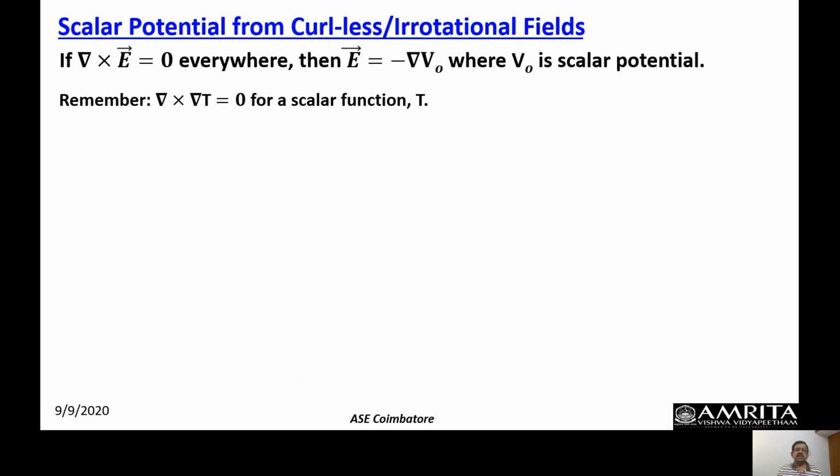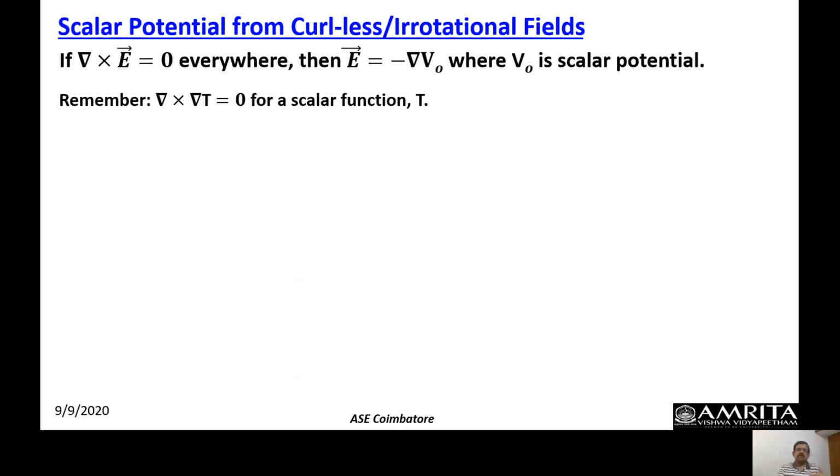Having said this, what are all the equivalent conditions? By equivalent conditions, what I mean is the vector function will satisfy one condition only if it satisfies all the remaining conditions. It is not that only one condition will be satisfied and the others will not. They have to satisfy all the equivalent conditions for it to represent an irrotational field.